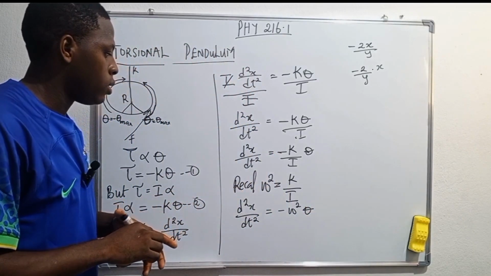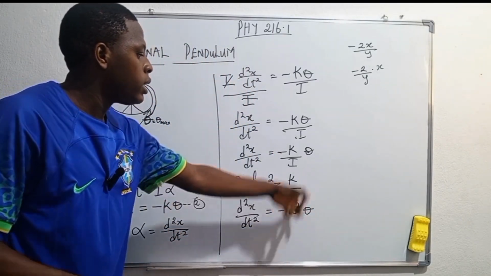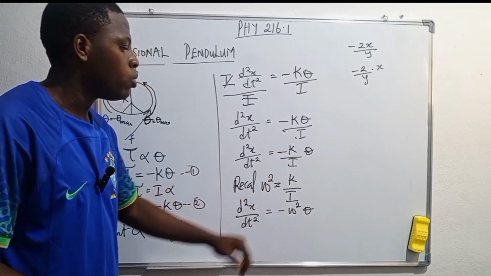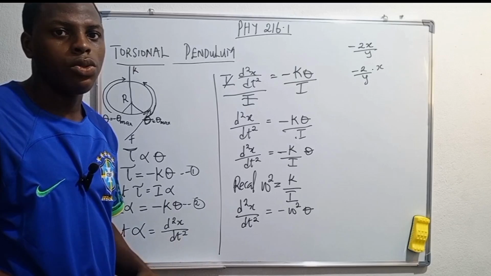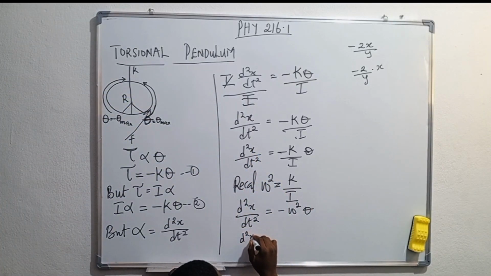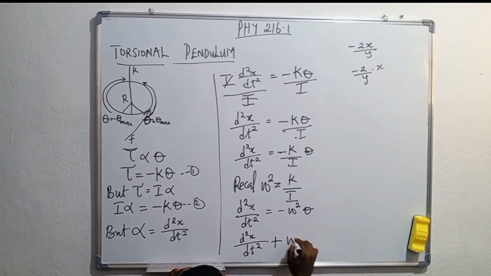Now what's the next thing? Take this term to the other side of your equation, cross it over the equal to sign, and equate it to 0. So this will now be written as d square x over dt square plus omega square theta is equal to 0.